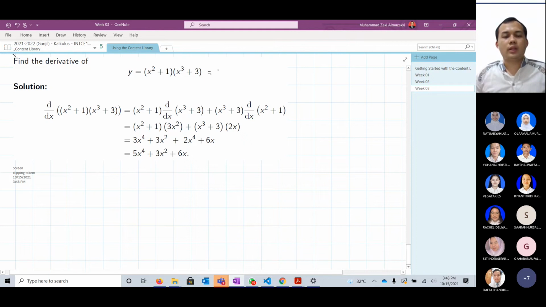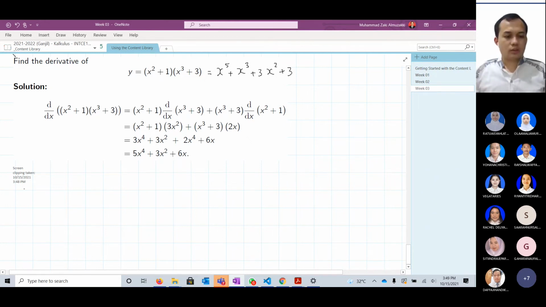So we have now x power 5 plus x power 3 plus 3x squared plus 3.